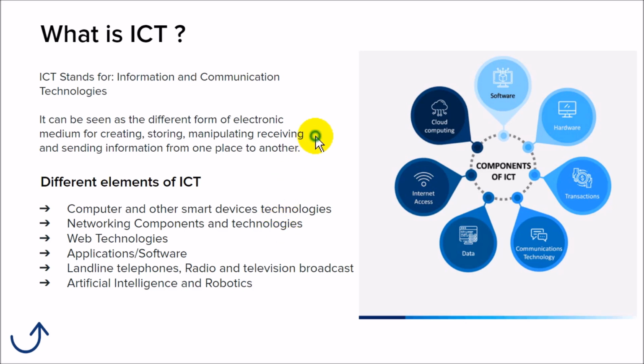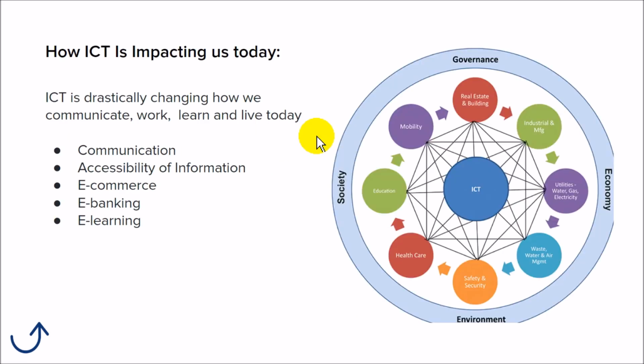Okay. So you can agree with me that ICT is really impacting our life today in a remarkable way. It's drastically changing how we communicate, how we work, how we learn, and how we live today. Two to three decades ago, you couldn't easily access this information. For you to access some of this information, you had to come to a classroom, sit down, and someone would deliver it to you.